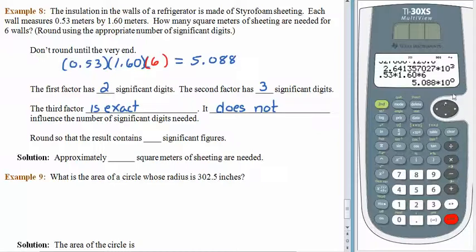It's good for you to see it. 5.088 square meters of styrofoam sheeting. How many significant figures are we going to keep? Well, we want to keep the one that's got the smallest number of significant figures. So there we go. We're going to use 2 of them. And that would mean we would need approximately 5.1. We round so that we have kept 2 significant figures.